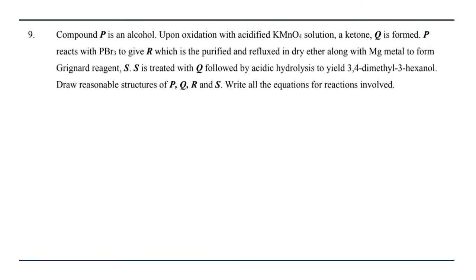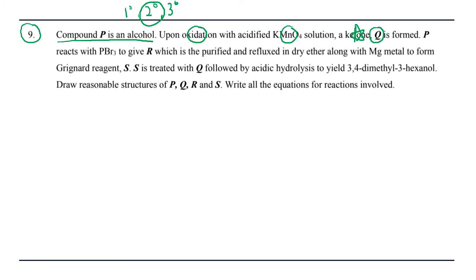Okay, tutorial question number 9. Compound P is an alcohol. Alcohol can be either primary, secondary or tertiary. Upon oxidation with acidified KMnO4, a ketone Q is formed. So if a ketone is formed, it means that P is a secondary alcohol, because secondary alcohol undergoes oxidation to produce a ketone.